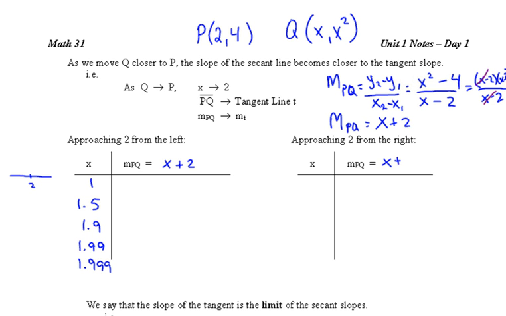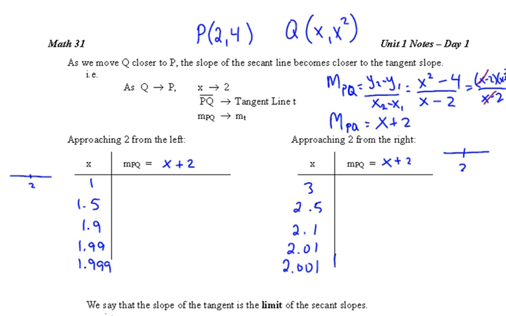Okay, and we're also going to approach it from the right. So the right of 2, so like 3, and then 2.5, 2.1, 2.01, 2.001. So 4 or 5, at least, when we do a numerical approximation.